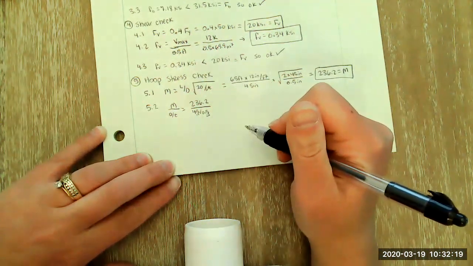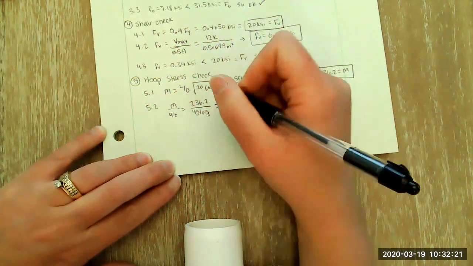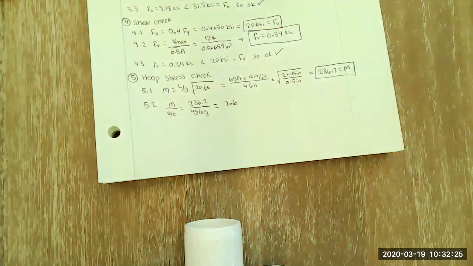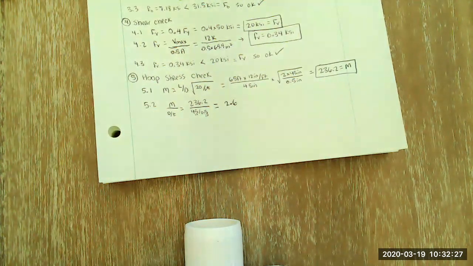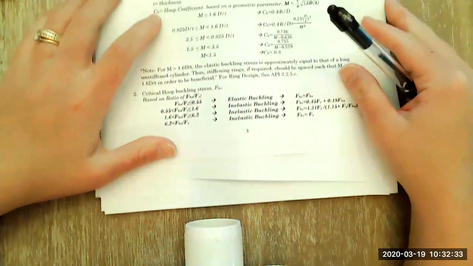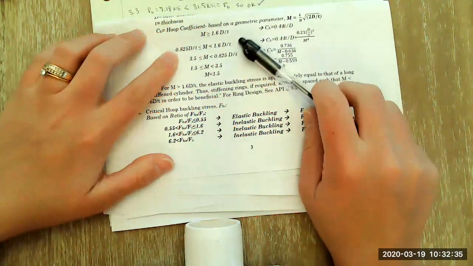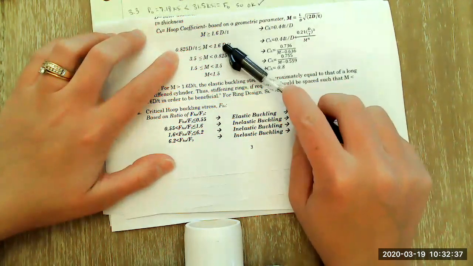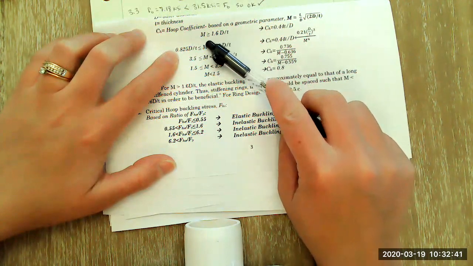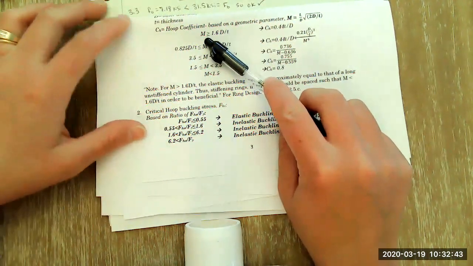So 236.2 divided by 90 is equal to 2.6. I can check out my Cliff Notes. So we have these 5 situations, and we're in the very top situation. So 2.6 is greater than 1.6, which is M divided by D over T.